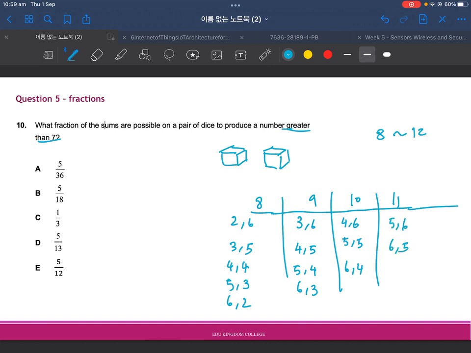And number 12. What makes 12? Well, it's just 6 and 6. Okay, so now that we know that, we know how many total possible options there are to make a number greater than 7. So let's count. 1, 2, 3, 4, 5, 6, 7, 8, 9, 10, 11, 12, 13, 14, 15. So we found out there are 15 possible options.